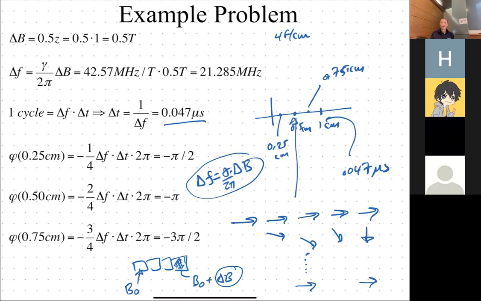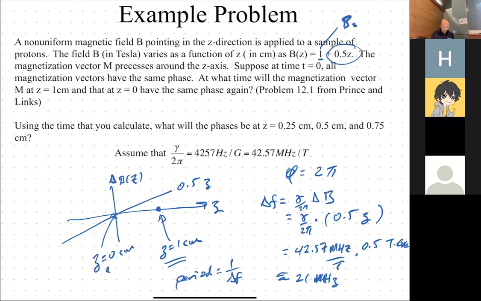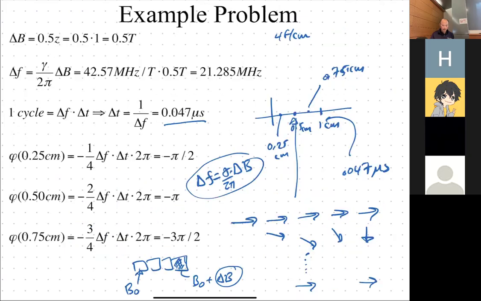Okay, question. Why is the phase negative? What will the phases be? The way to think about it is the fastest spin made it all the way around, it went 2 pi.